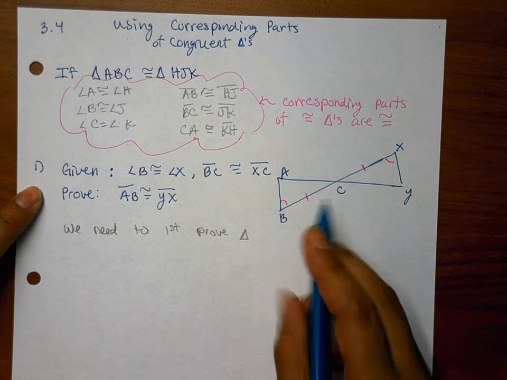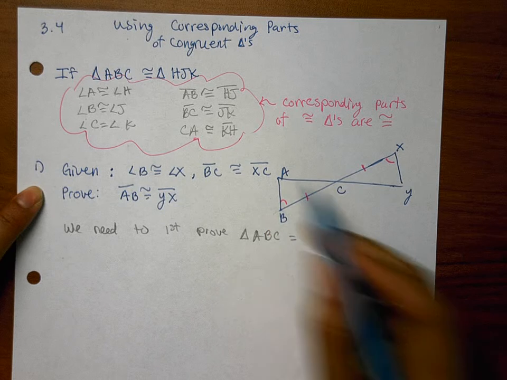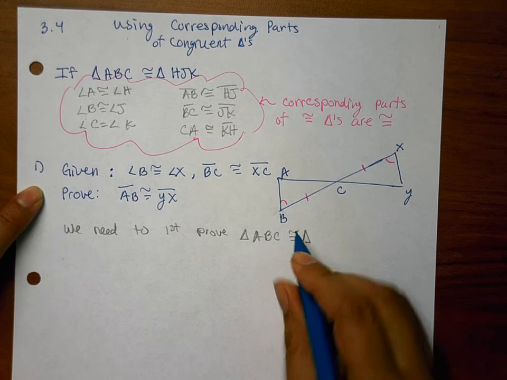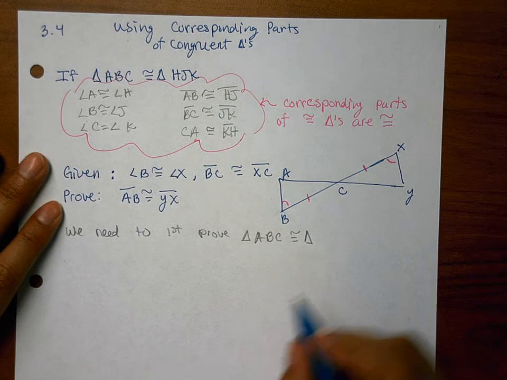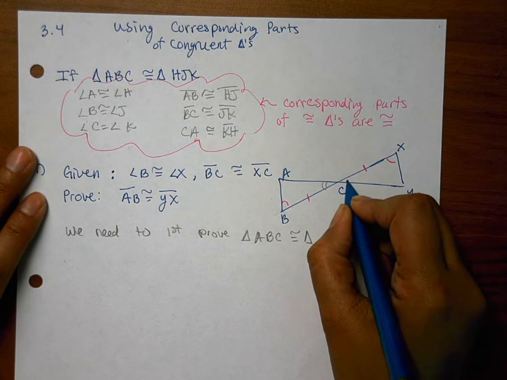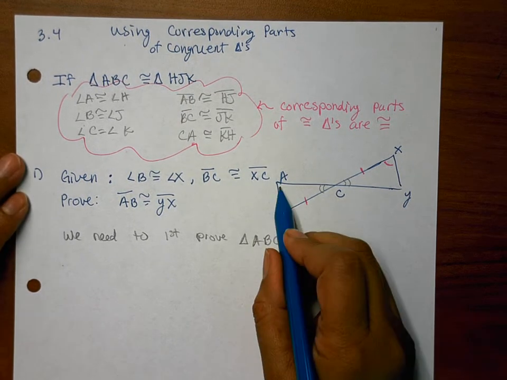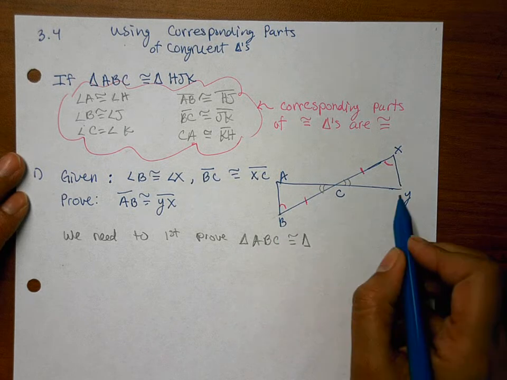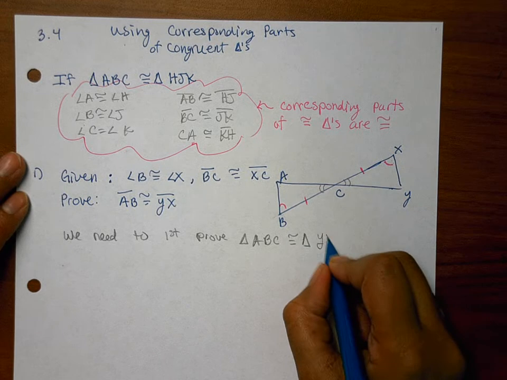Triangle. Now, they didn't give us a triangle statement, so we have to make up the first one on our own. The first one doesn't matter the order, so I'm just going to put ABC. You could have put CBA. Doesn't matter. But since I've chosen ABC, my next one needs to go in order, and I'm going to put this in pencil. We know that those are vertical angles, so I'm going to mark them now. So, ABC, no angle marking, 1, 2.